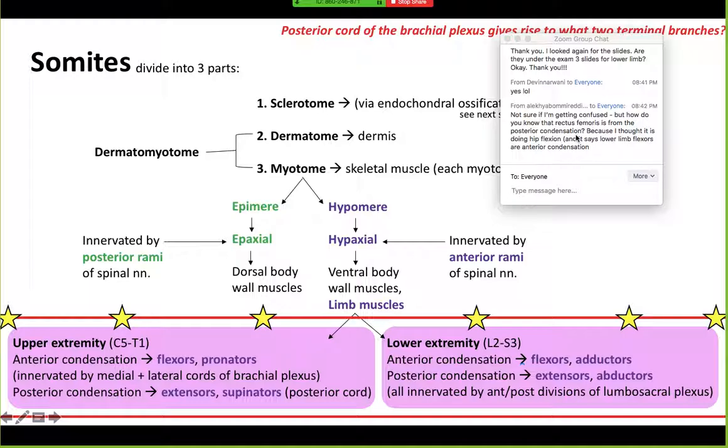How do you know that rectus femoris is from the posterior condensation? Hold on just 1 second.